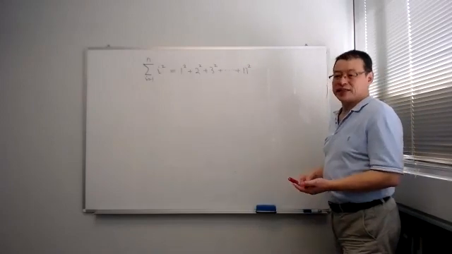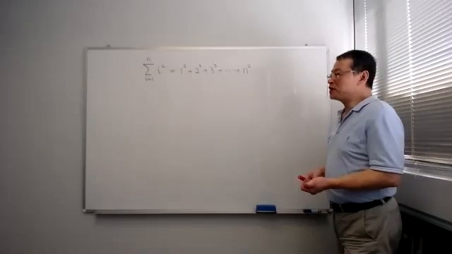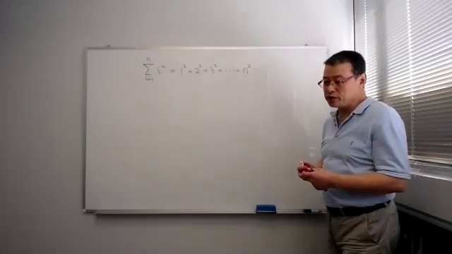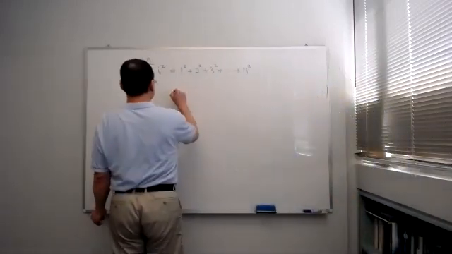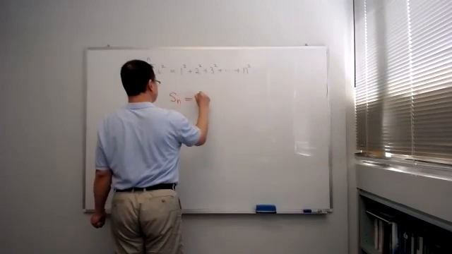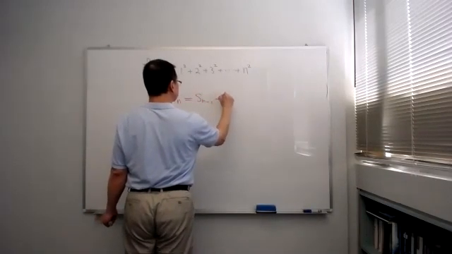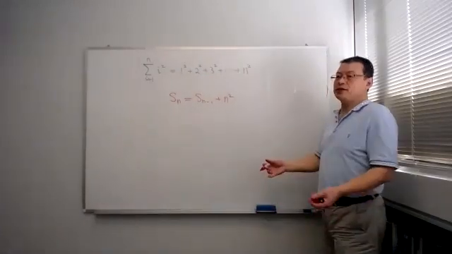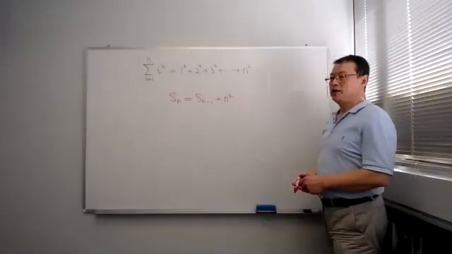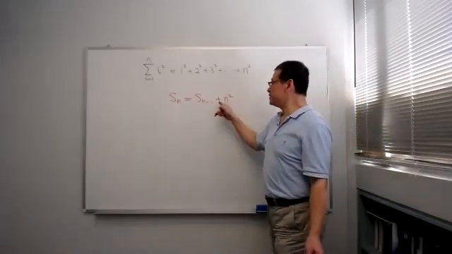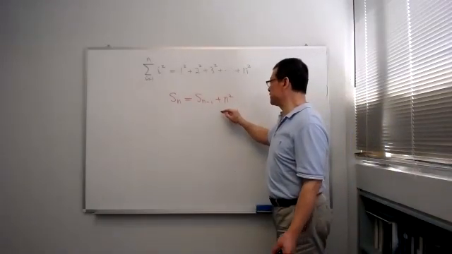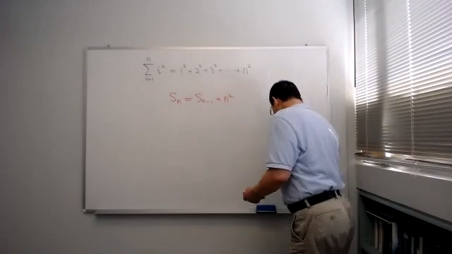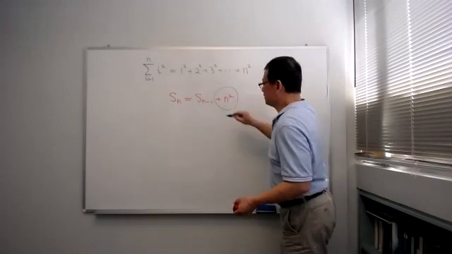It's not easy actually. One way to do it is to obtain a recurrence relation for this one. It's very easy to obtain a recurrence relation. Now we see that it's not homogeneous because we have this term here.